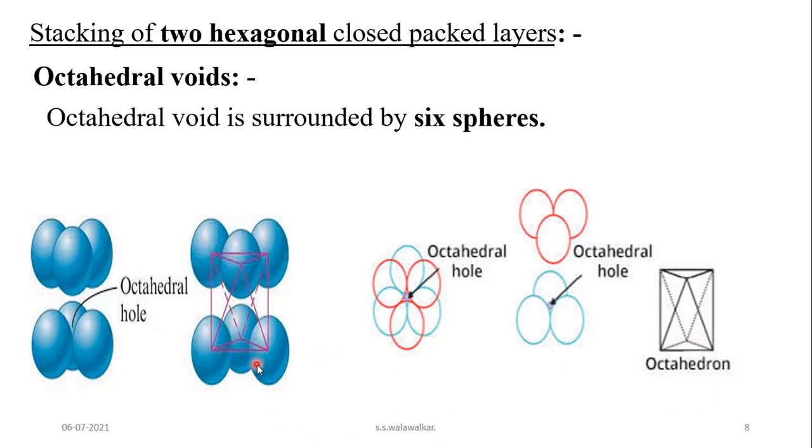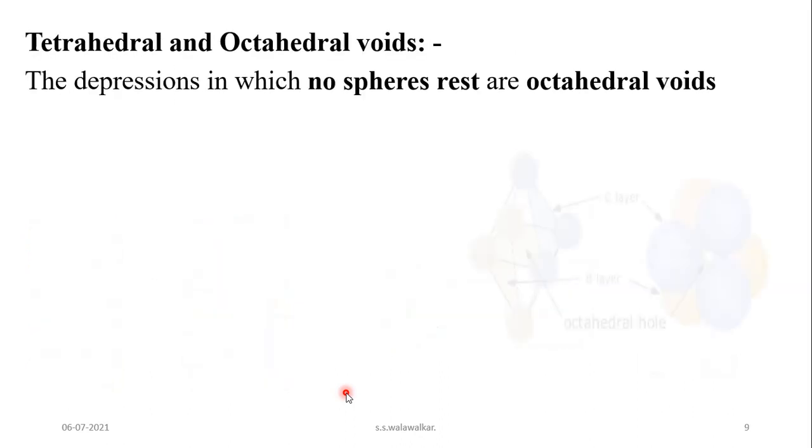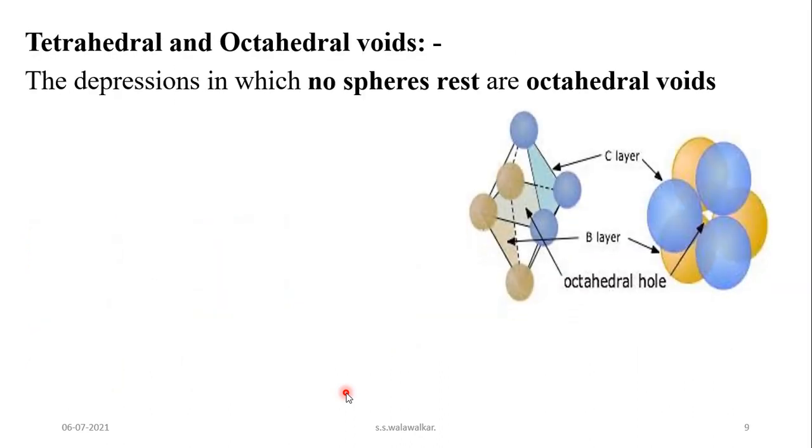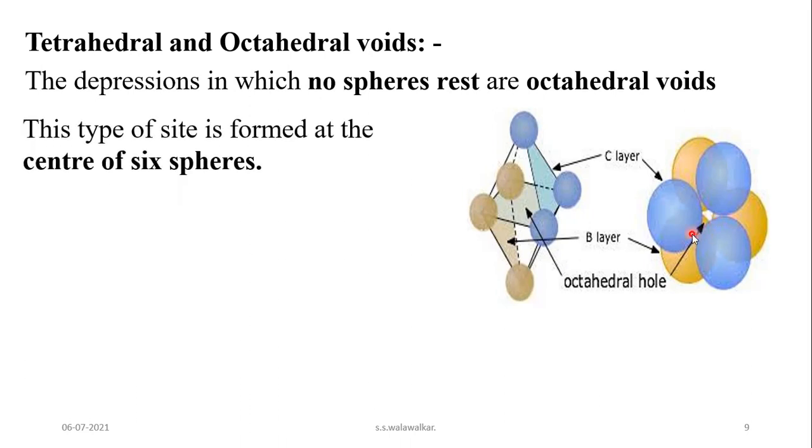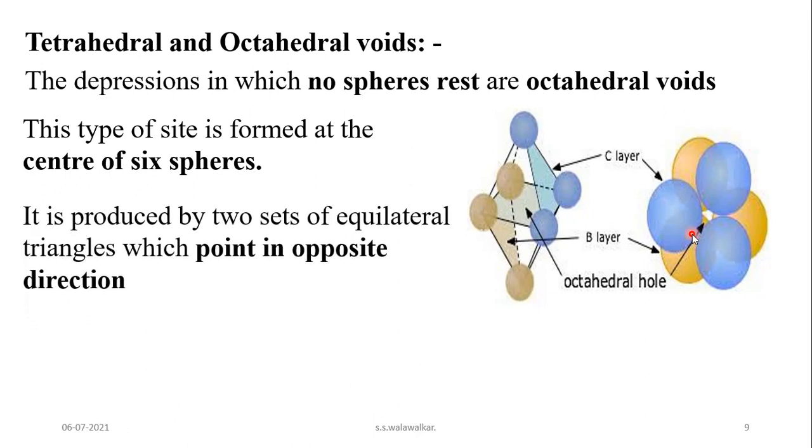Octahedron, like this. And therefore these are called octahedral voids. So the depressions in which no sphere rests, here is a depression, are called octahedral voids. And this type of site is formed at the center of the 6 spheres.